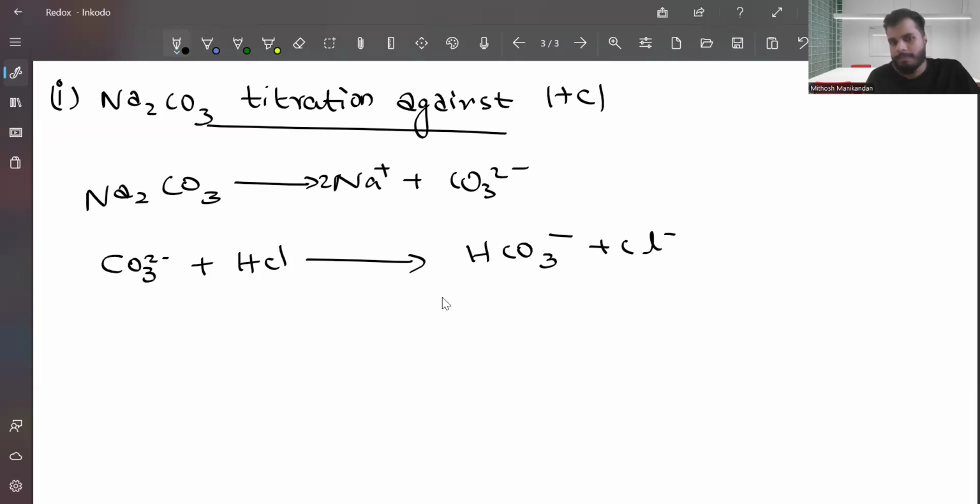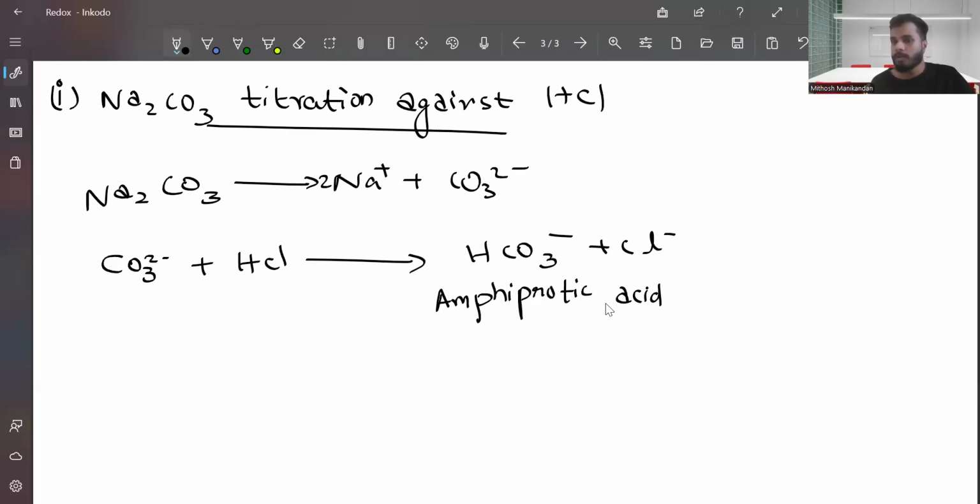So this is an amphiprotic species. It's a weak acid, but amphiprotic. What it means is it can take an H plus and become H2CO3. Also, it can release an H plus and become CO3 2 minus.